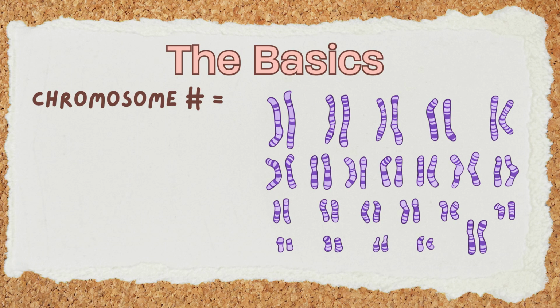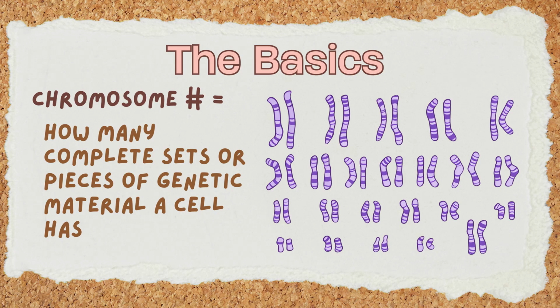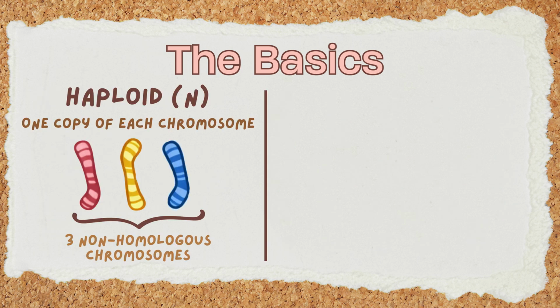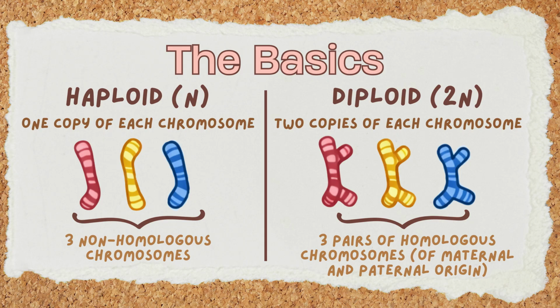Now, when we talk about chromosome number, we're really talking about how many complete sets or pieces of genetic material a cell has. First, we have a haploid number, which is what we see in gametes like sperm and egg, and this is represented by the letter N. There's also a diploid number, which is what we see in most of our body cells.